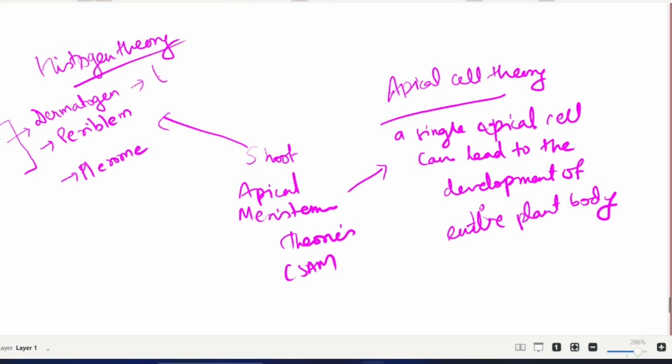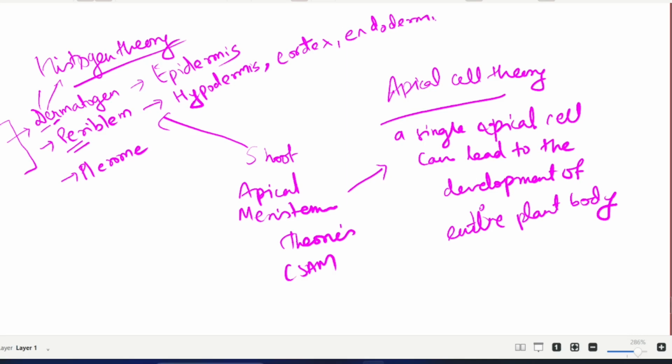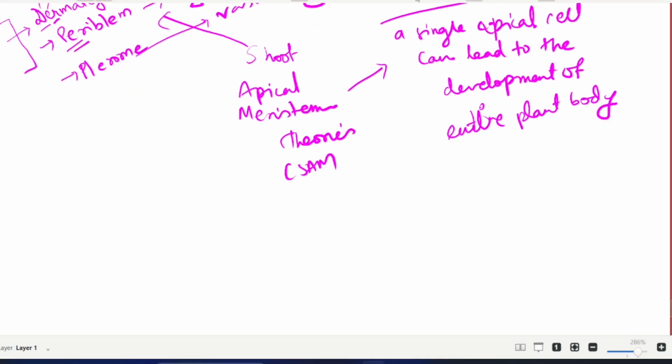The Dermatogen leads to the formation of epidermis, that is D for E. Periblem is for the ground tissue: hypodermis, cortex, endodermis. And the Plerome is for the vascular cylinder, that is xylem and phloem.